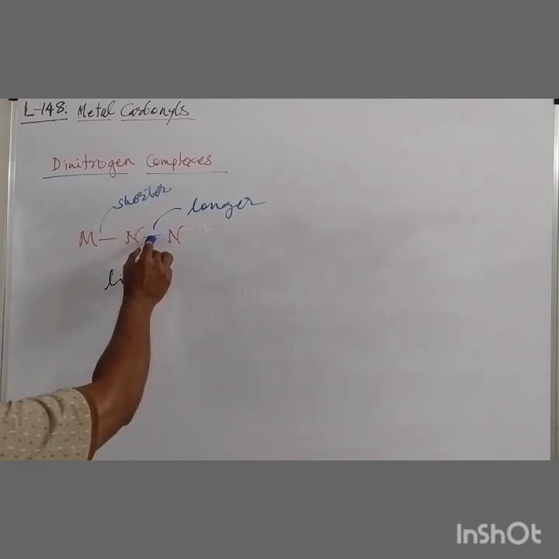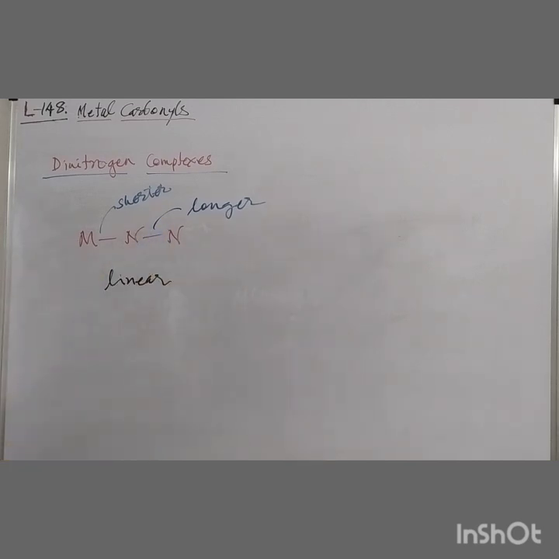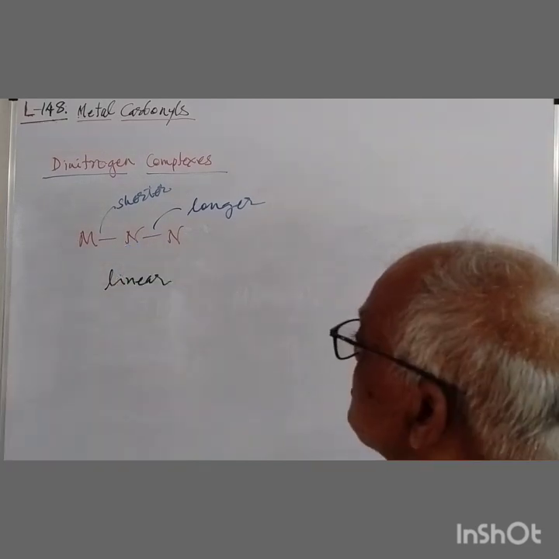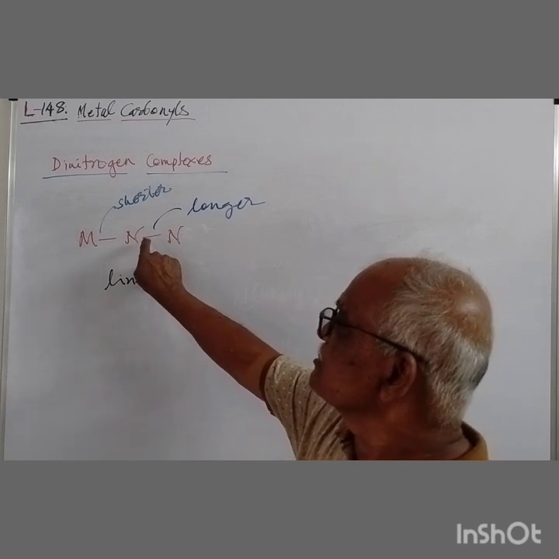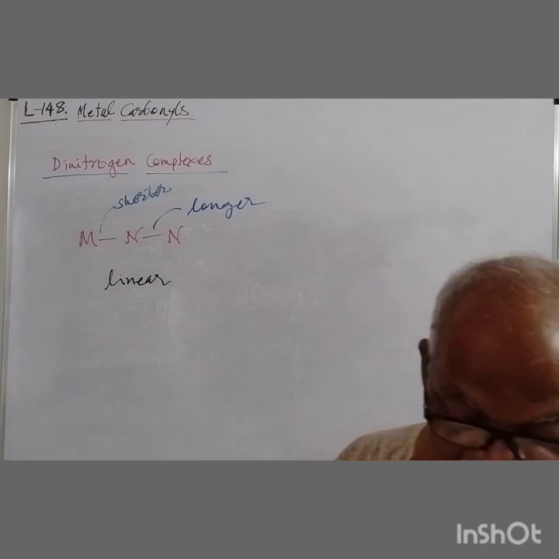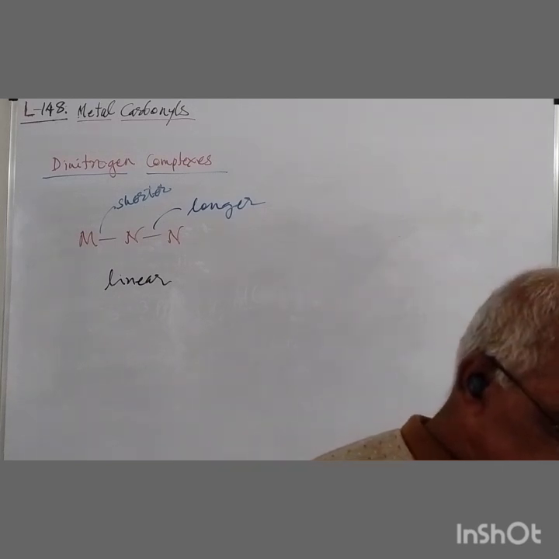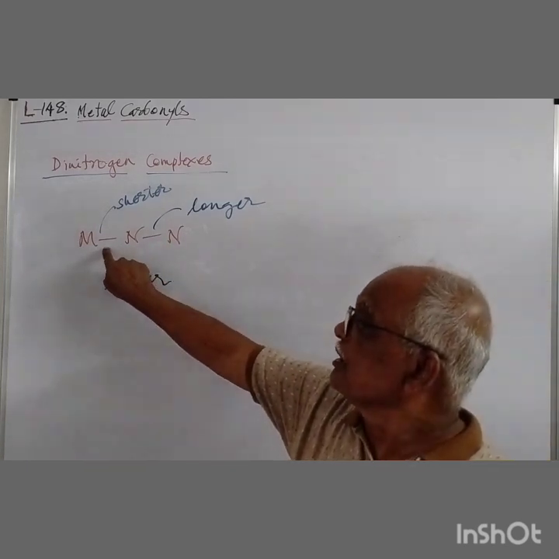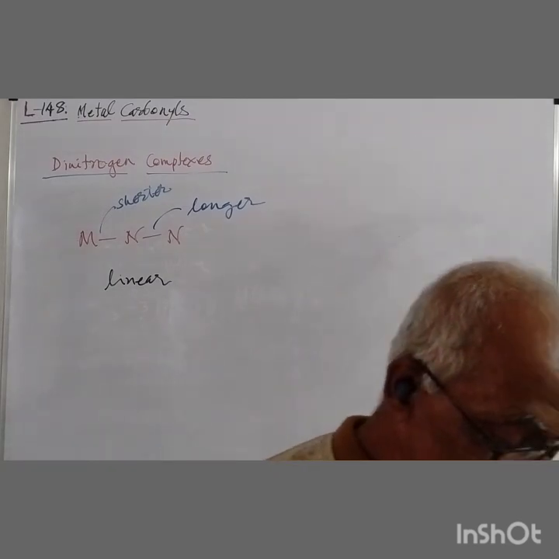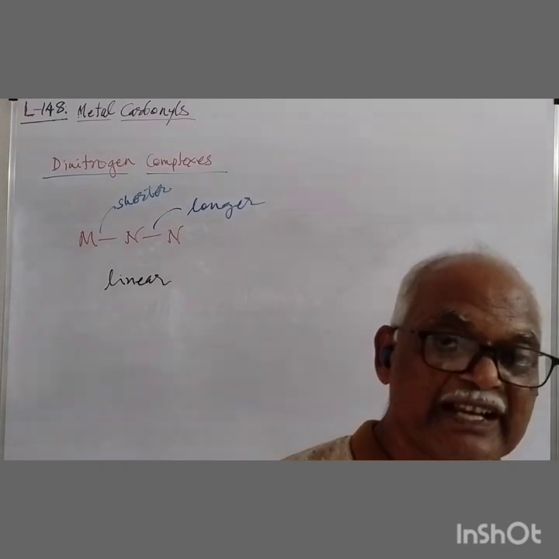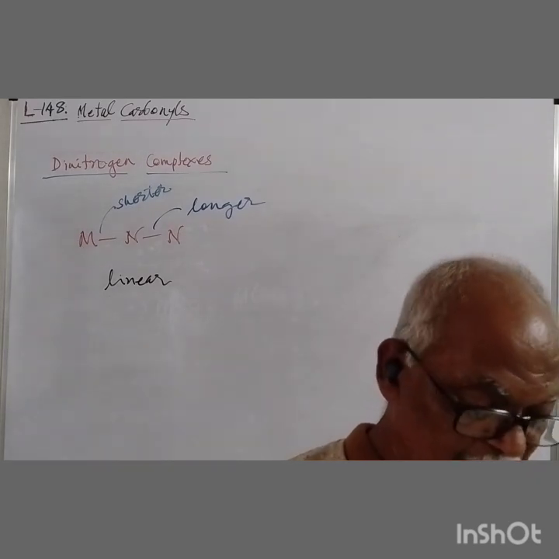This is because the sigma electrons are shared with the metal, and as a result the nitrogen bond is weakened and the metal nitrogen bond is strengthened.